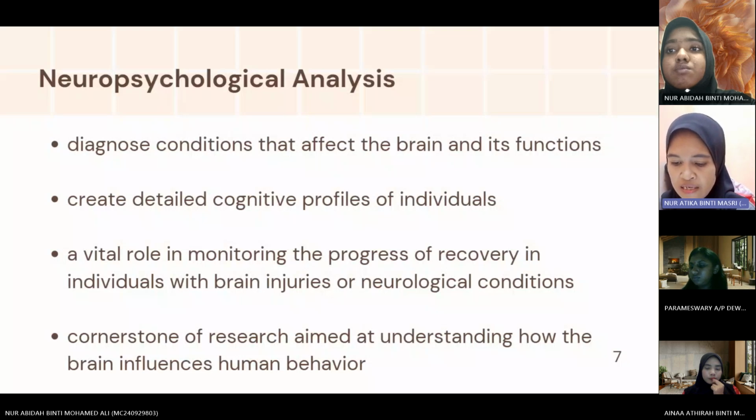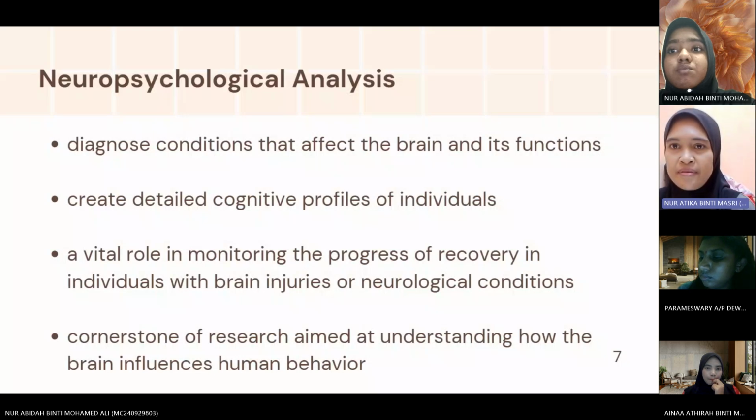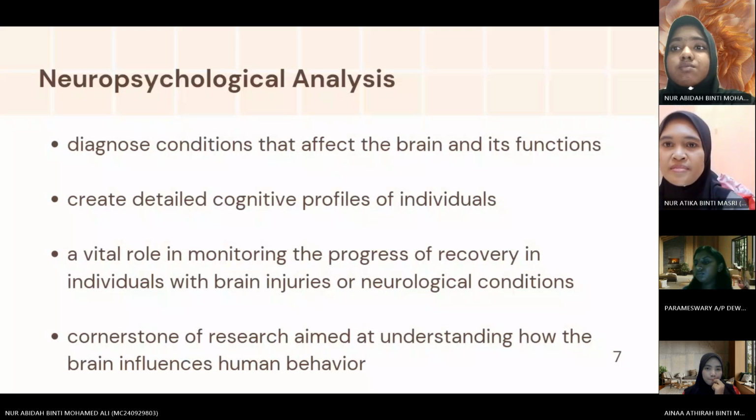Such research can enhance the scientific community's understanding of complex neurological condition and inform the development of innovative treatment. I will send over to Nur Abida for the next slide. Thank you.